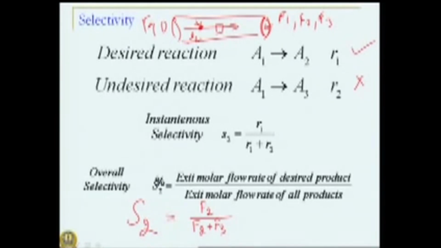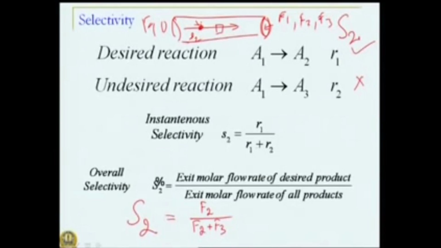That is, whatever comes out of this reactor, S2, will be determined by what is happening inside the reactor, how far the first reaction is proceeding compared to both the reactions. So, what is happening inside the reactor, the small s2s, will somehow determine what we see at the exit of the reactor.